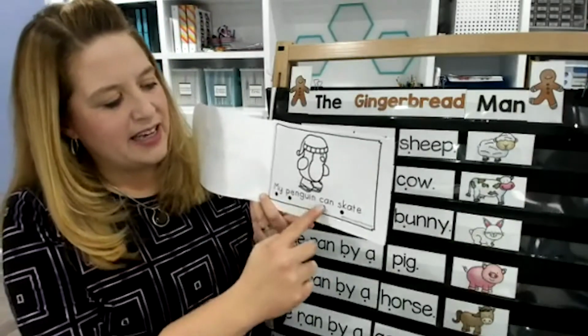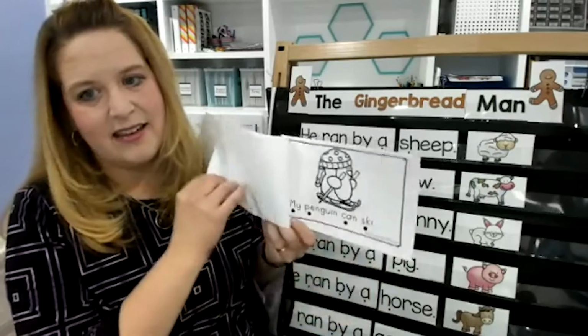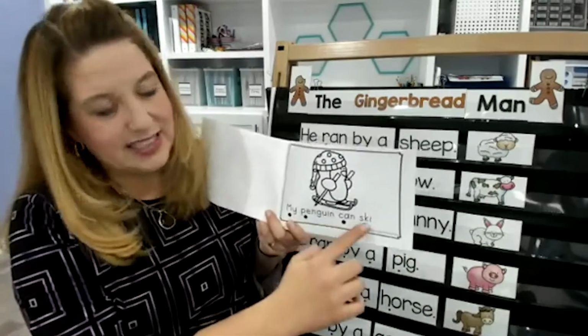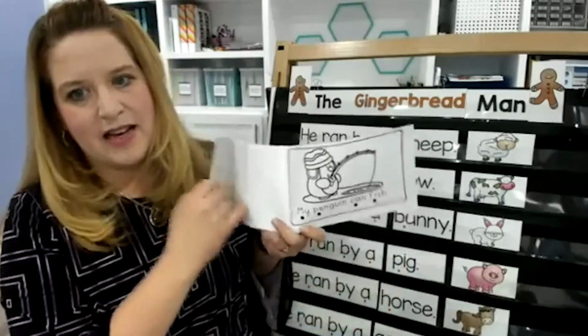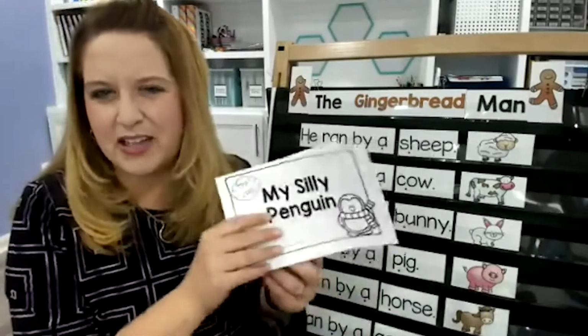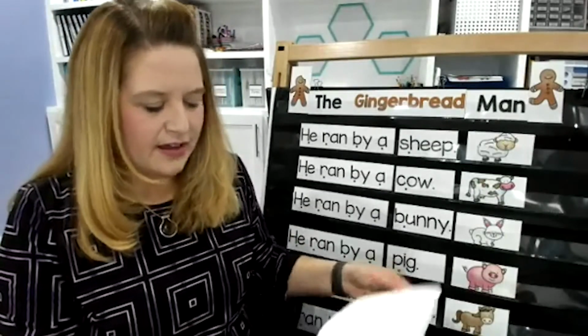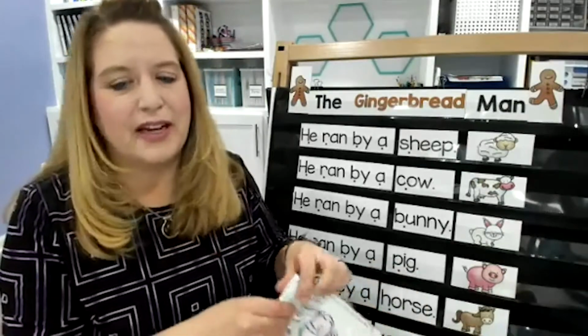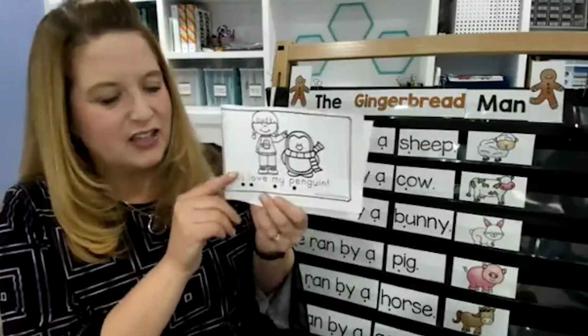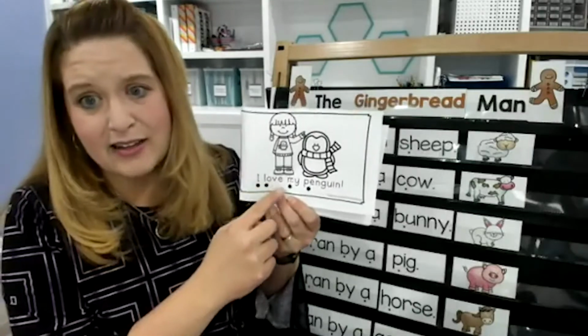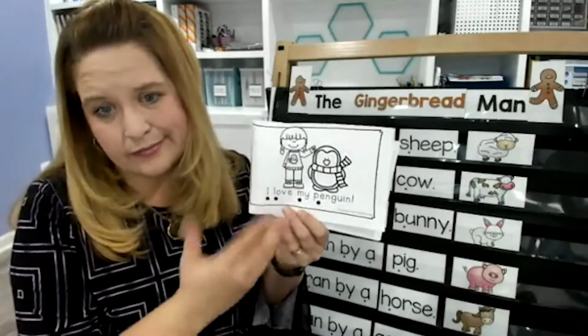"My penguin can skate. My penguin can ski. My penguin can fish." So each page is "my penguin can, my penguin can." And then the last page is always a little bit different, right? I always try to throw in a little variable at the end. So this one says, "I love my penguin." Easy.